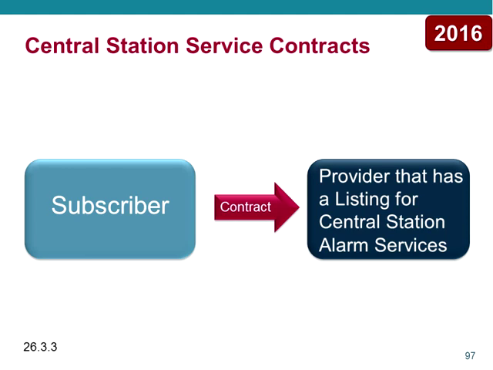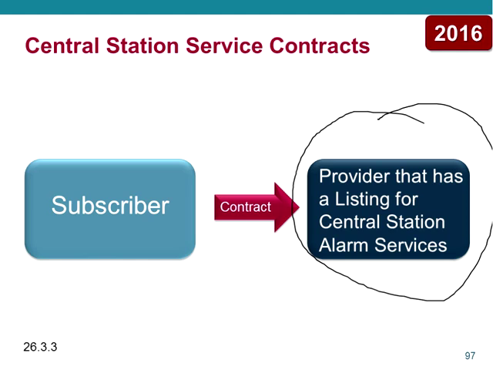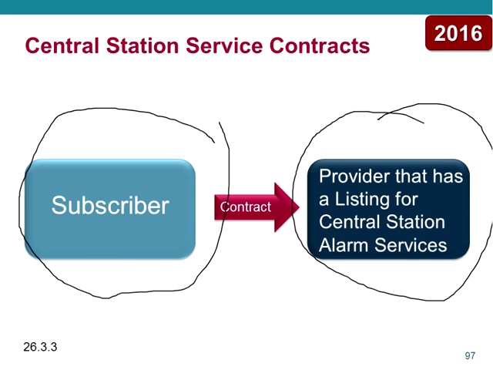And the prime contractor basically is the organization that has a listing for central station service, and they provide that to the subscriber under a contract. Now, in some cases, the provider doesn't have the staffing, or the owner doesn't want to pay for this, and they have other arrangements where the subscriber may do their own testing.